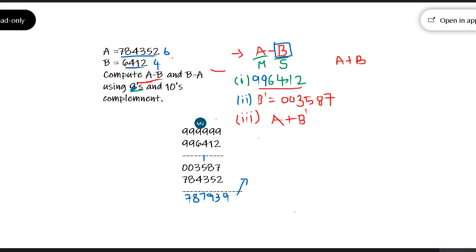So that is nothing but 2, 1, 2, 0, 6, 0. Is that right?